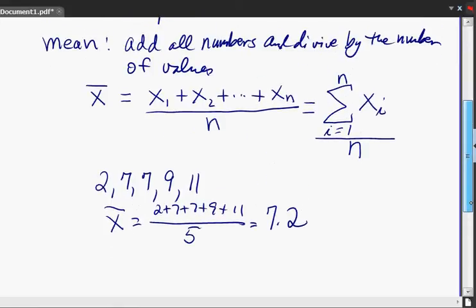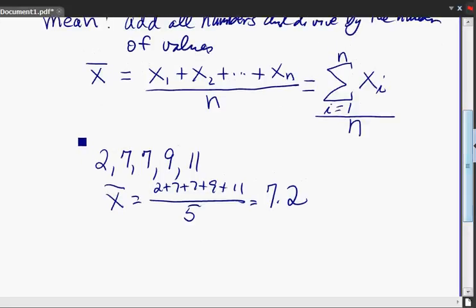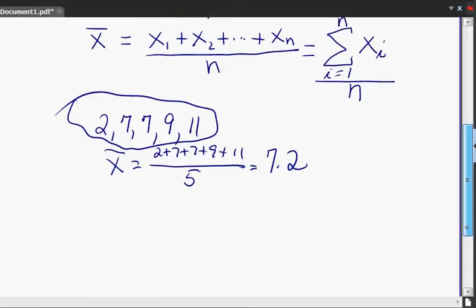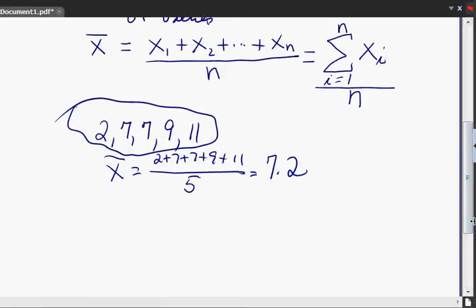Then the next measure. So the mean of this data set is 7.2. My measure of how spread out this data set is, there are 2 measures. One is the square root of the other. The first measure of spread is called the variance.